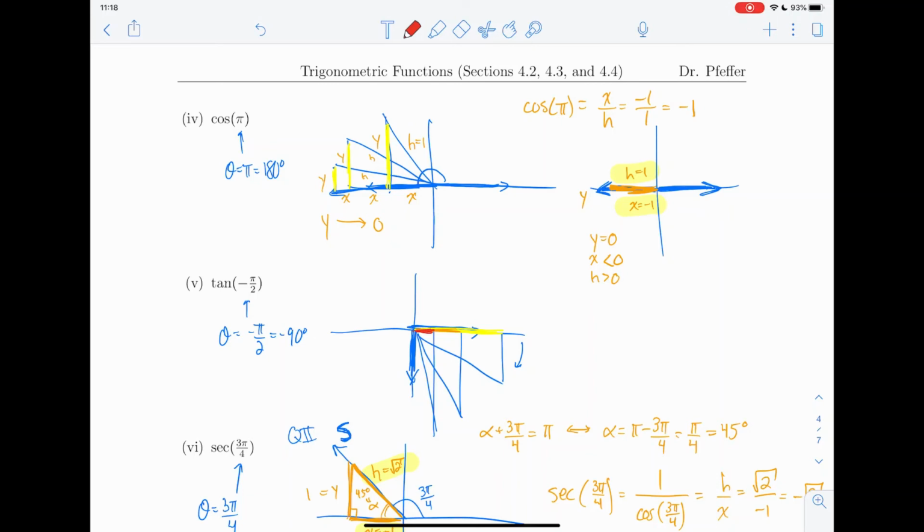And what you see then is that each of these widths, which the first one is x, the second is still x, the third is still x, as my reference triangles move in this direction, these widths are getting tinier and tinier and tinier. And so what we see in this case is that these x values are actually going to 0 as I move toward -90 degrees.